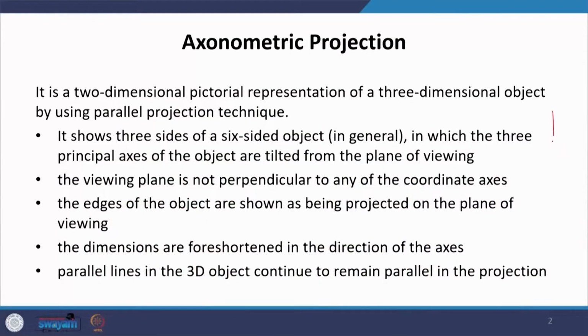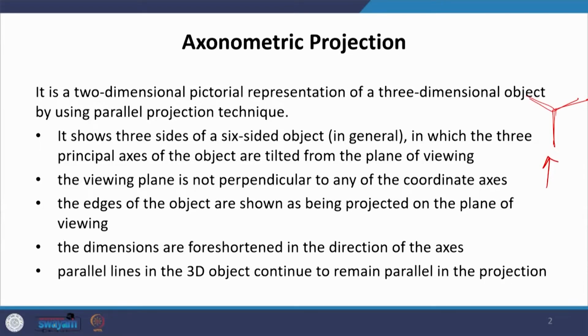So, all the 3 axes, all the 3 planes are going to be visible in this object. We knew that from where we are viewing, our viewing plane is actually not parallel to any of the coordinate axes. If you remember what we were doing, if you look at the isometric, this is the grid, this is where we were viewing it from, and it was not parallel to any of the coordinate axes.